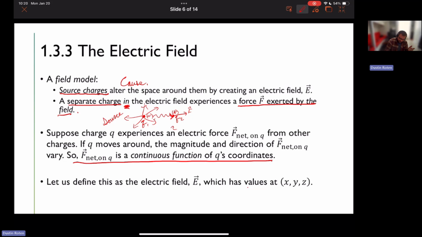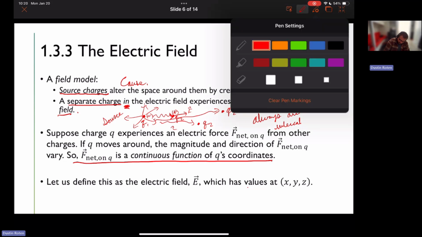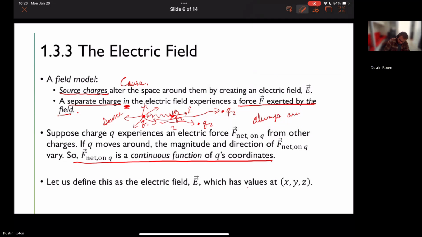So essentially what this is saying is if we were to move Q2 over here or Q2 up here, no matter where you move it, there's still going to be some sort of interaction. Always an interaction.